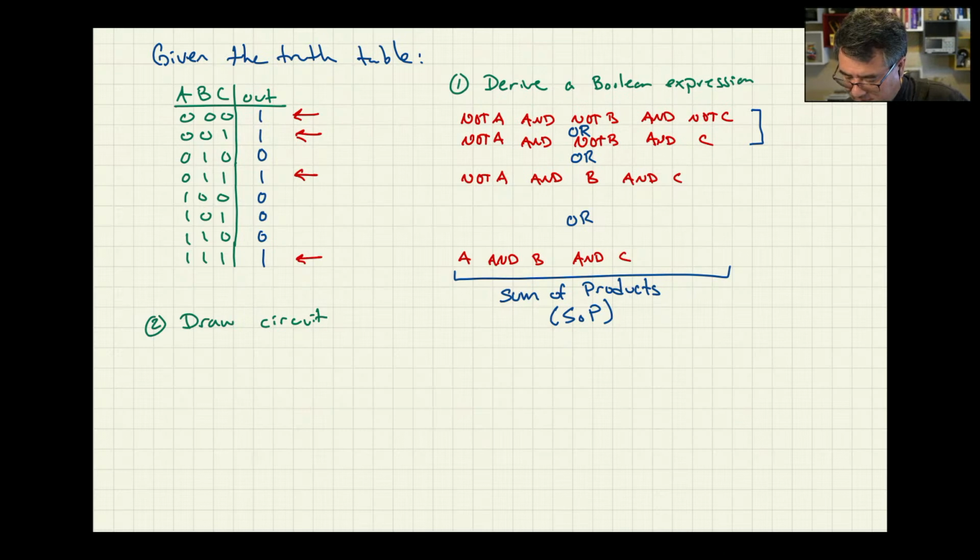Well, what's in common is both A and B need to be 0. C could be either a 1 or a 0, so it doesn't matter what the value of C is. All that matters is that both A and B are 0. And these are the only two rows where that's the case. All the other rows here have 1s in either A or B. But these are the only two rows where both A and B are 0.